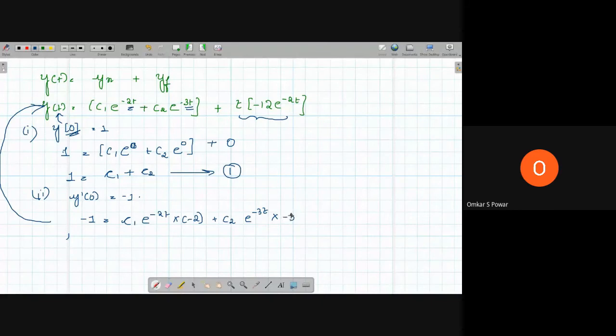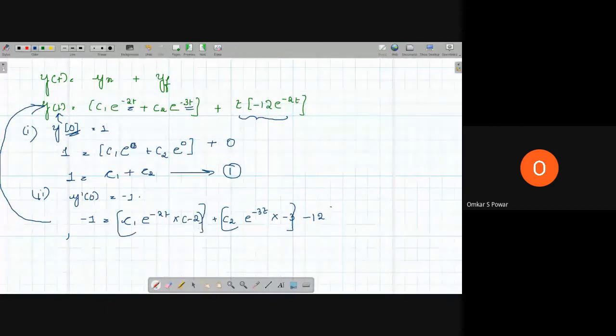Then we will take this minus 12 outside, and we will differentiate this t into e power minus 2t. You know the differentiation of u into v is u into differentiation of v plus v into differentiation of u.